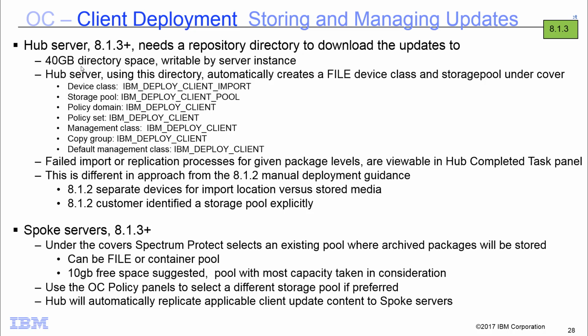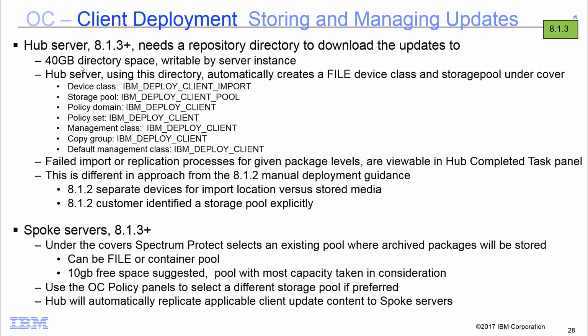For the spoke servers in 8.1.3, if you do have spoke servers, and obviously it's not required, they first of all have to be at least at version 8.1.3. And under the covers, when the hub server contacts them to replicate over these update packages, it will choose one of the archive storage pools to utilize, and that would either be a file or container pool.